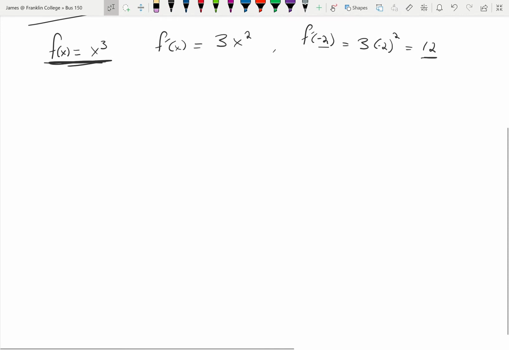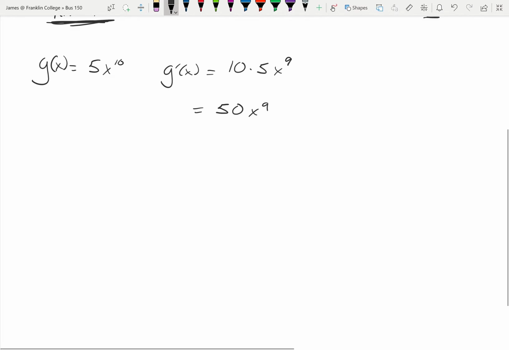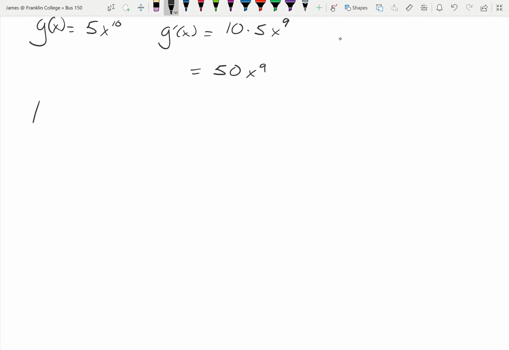Alright, let's do another one. If g of x equals 5x raised to the 10th power, g prime of x will equal 10 times 5x to the 9th power, which equals 50x to the 9th power. Alright, let's do another example.